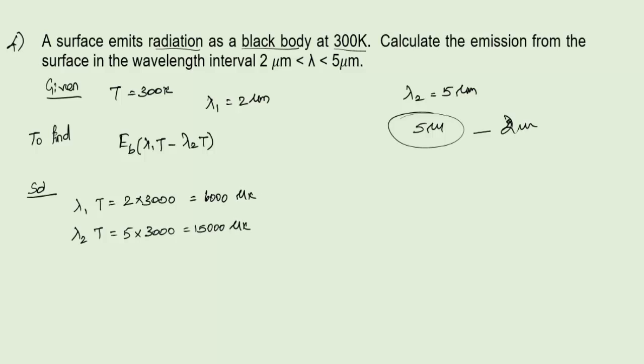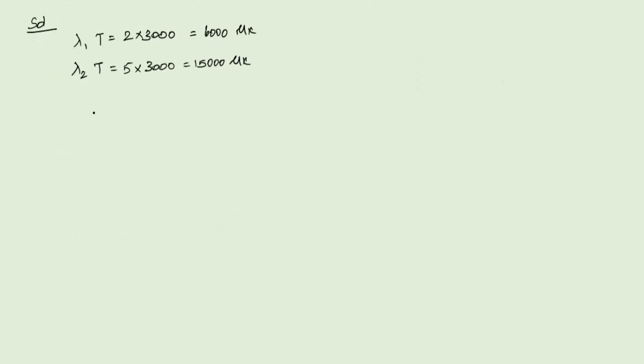I'm sorry, in the given data just write this as 3000 Kelvin. So the temperature is 3000 Kelvin. Corresponding to these values, you have to take E_b lambda divided by sigma T to the power 4 from the data book.